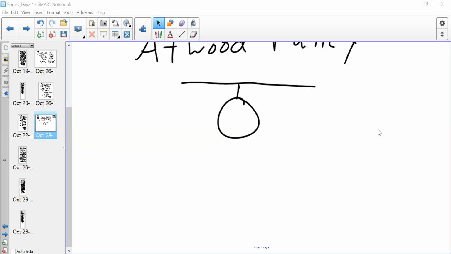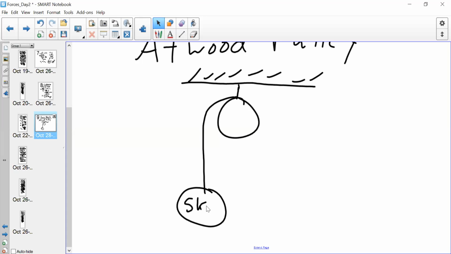Yeah. Okay, so let's say that we have a pulley attached to the ceiling, and then we have a mass on this side. Let's call it a 5 kilogram mass. And then on this side, we have a 4 kilogram block. Now this time we're going to have 2 tensions.